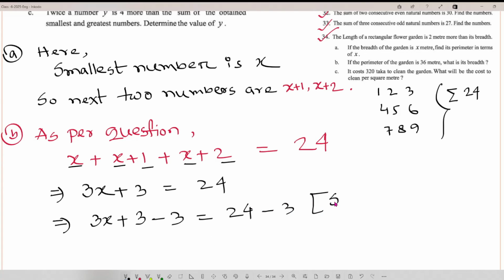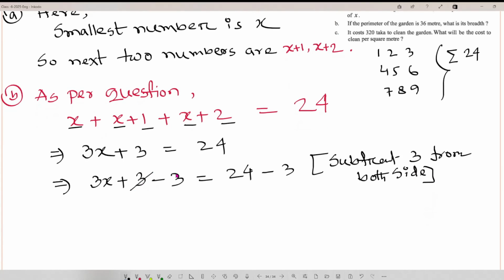So we can write subtract 3 from both sides. Okay, now plus 3 and minus 3 out. So we can write 3x equals to 24 minus 3 is 21. Now we can divide both sides by 3. So 3x by 3 equals to 21 by 3.